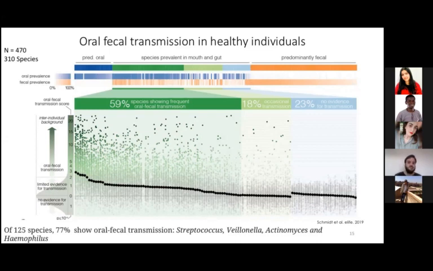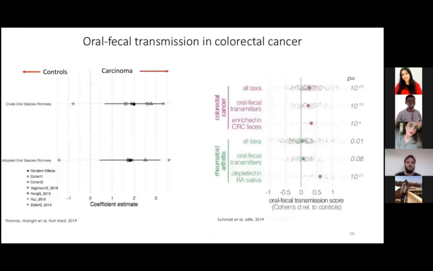So this means that species from the genus Streptococcus, Veillonella, Actinomyces, and Haemophilus were commonly found in both the oral cavity and in the gut of the same individuals. So this seems to be something that is not so uncommon among healthy individuals, where you have species from your mouth reaching your gut.